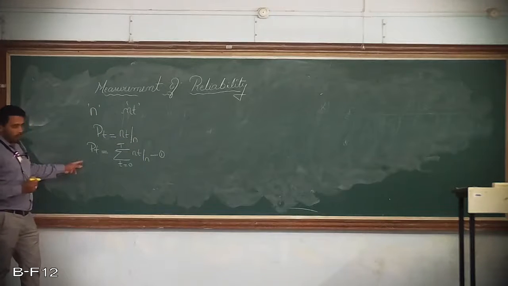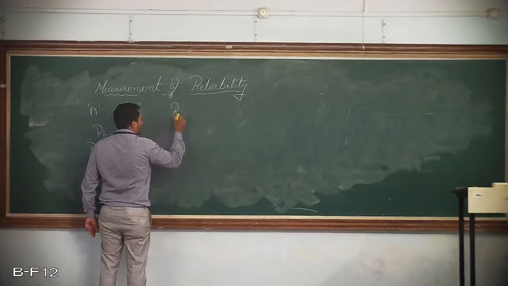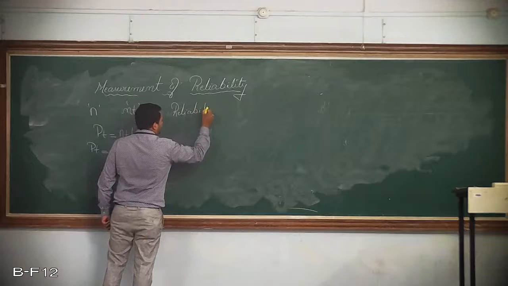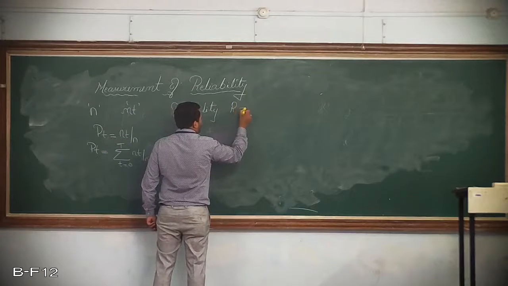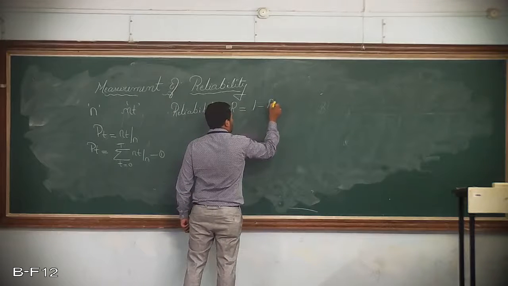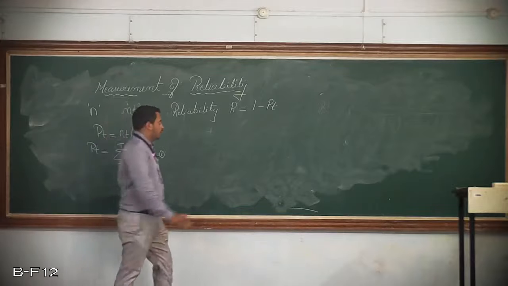But we don't want the probability of failure, we are looking for the reliability. Hence, the reliability of any product over a time is given by R equals 1 minus probability of failure.